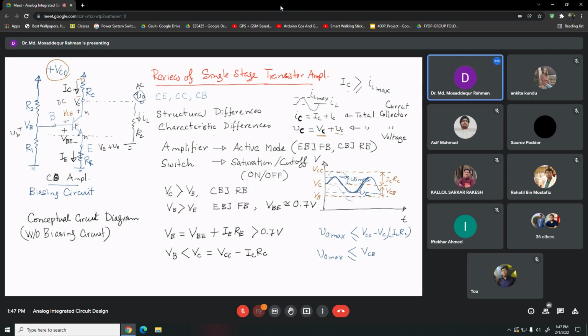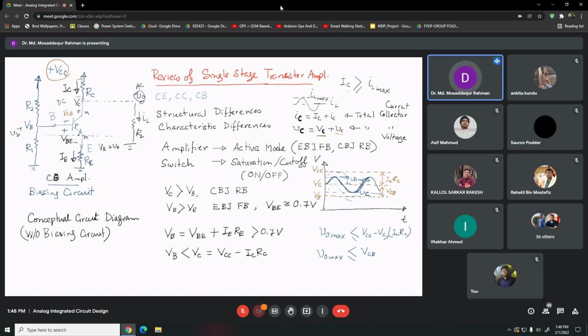It will get distorted, chopped off, because your biasing circuit is not properly designed. It is not designed to sustain the output voltage and current that is needed by your load.